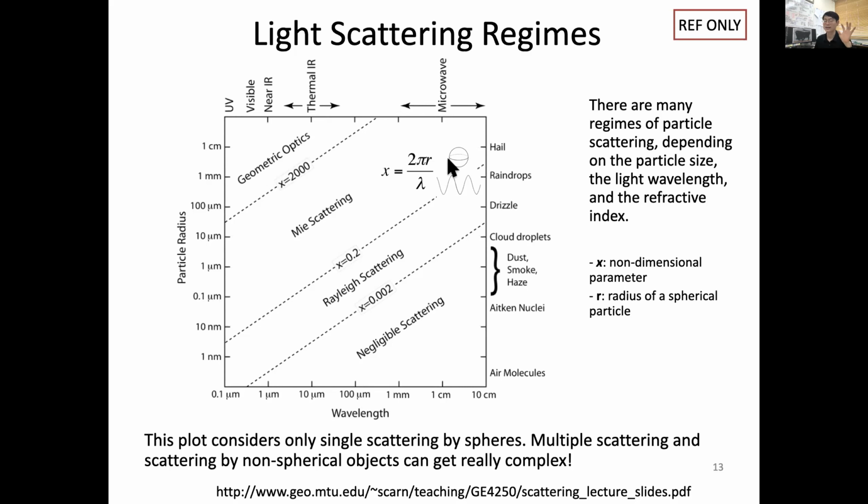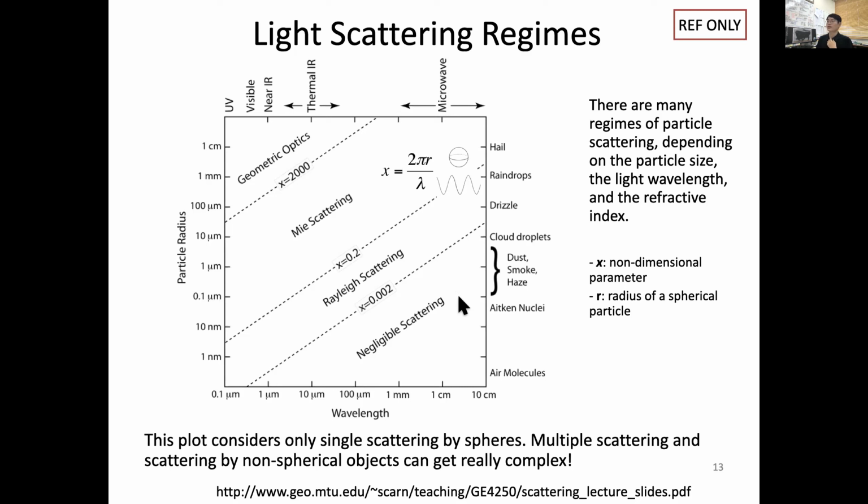And if the size of the particle is bigger than the wavelength, such as raindrops, hair, and much bigger sizes, then we call it the Mie scattering region. If it is smaller than the wavelength, such as drizzle and cloud, we call it Rayleigh scattering. And if the particle size is really small, such as air molecules, oxygen, nitrogen, when they interact with the light, they don't care. You consider it uniform, so negligible scattering.